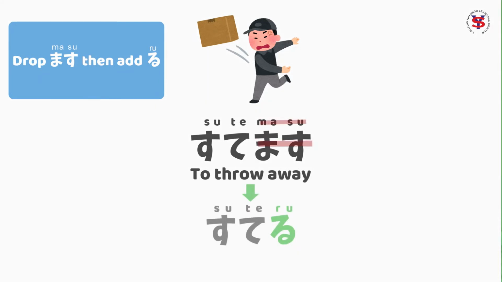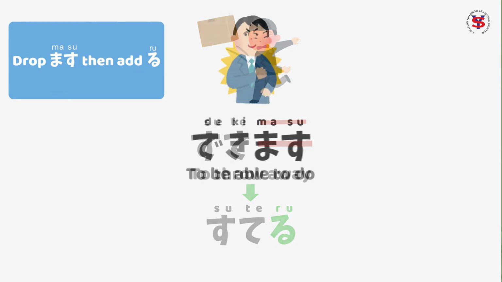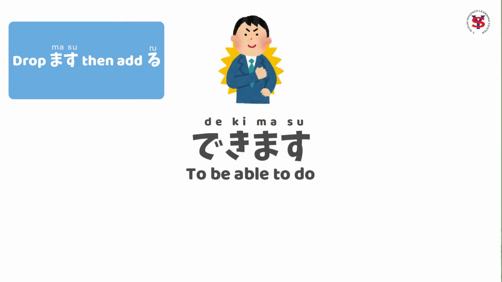Simply drop the masu from stemasu and add ru, giving us the final dictionary word steru. Let's try another example. Dekimasu, to be able to do. Again, drop masu, add ru, and we have dekiru. Alright, last group.